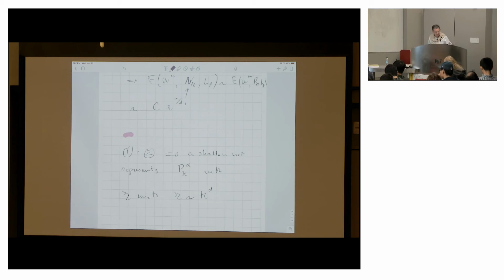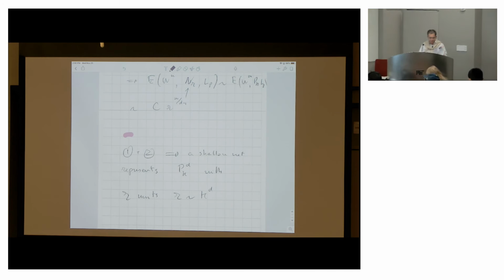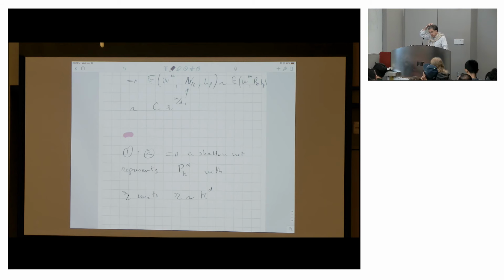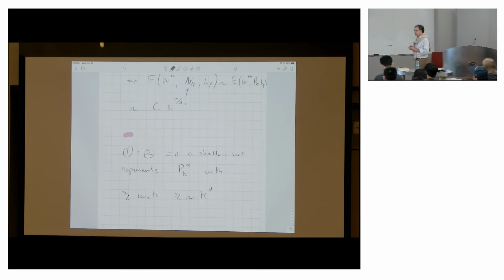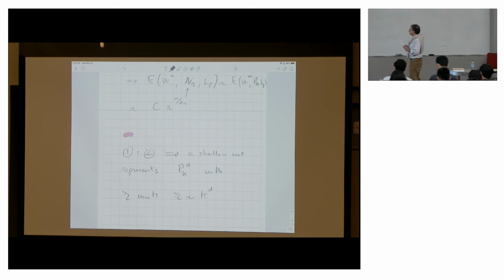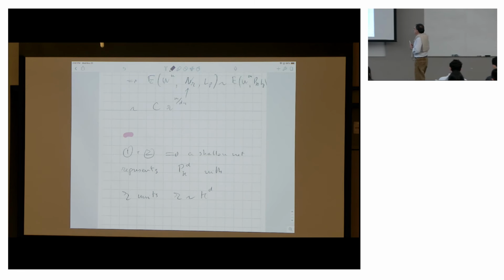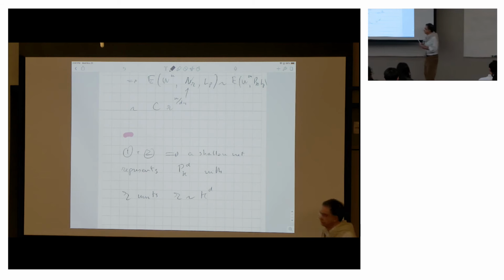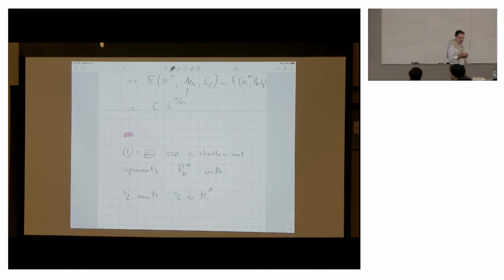All right, so are we okay so far? So typically in approximation theory, most of the results are obtained using polynomials.